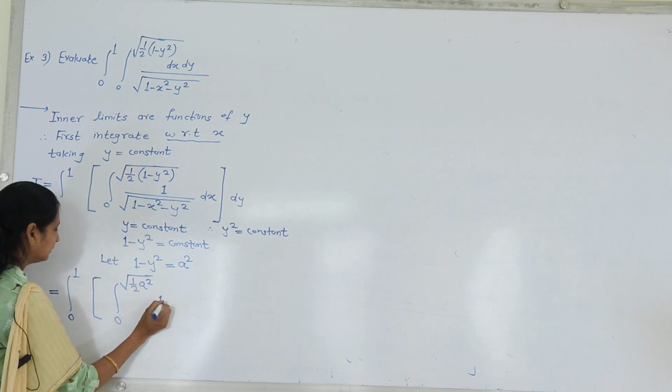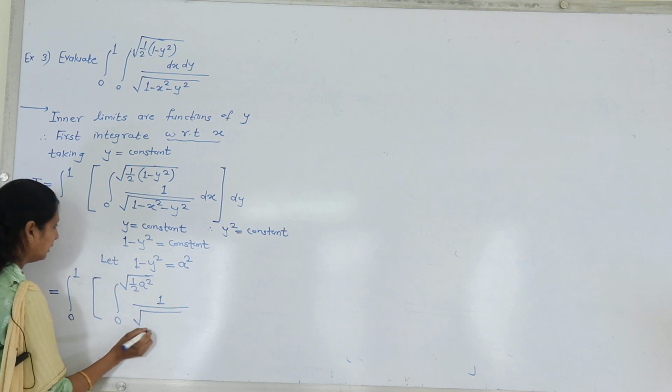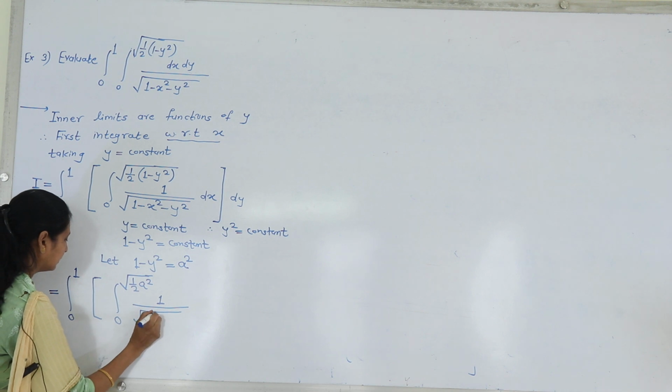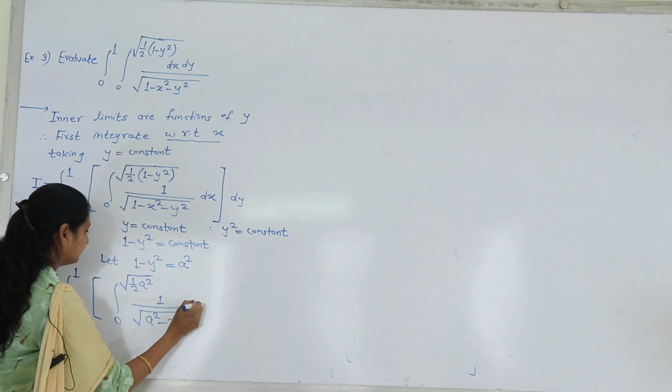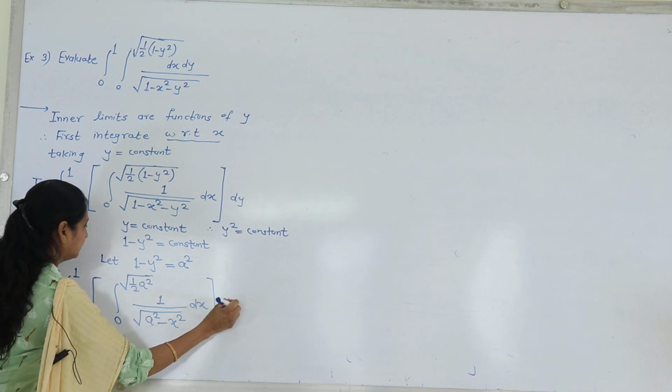Then 1 upon under root of a square minus x square dx in bracket, then dy.